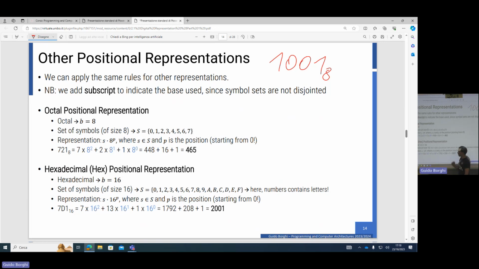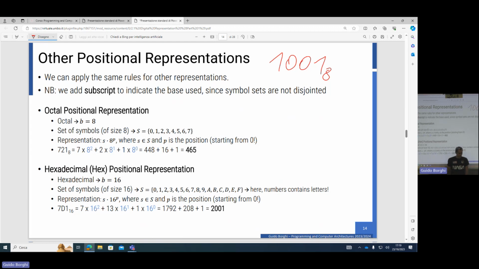So with the hexadecimal positional representation, we can have a number represented in this way: 7D1 with subscript 16, since we are using the hexadecimal positional representation. So we have also letters in the numbers, 7D1. What's the meaning? 1 times base 16 to 0, first position.